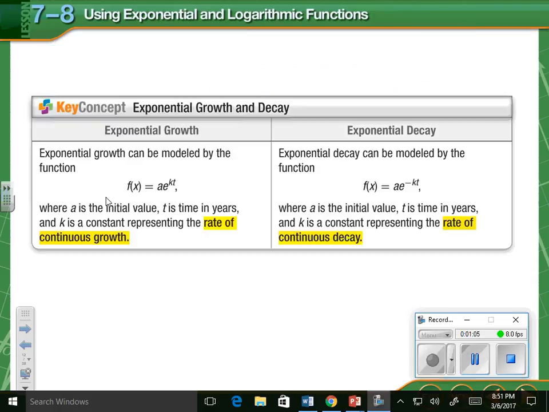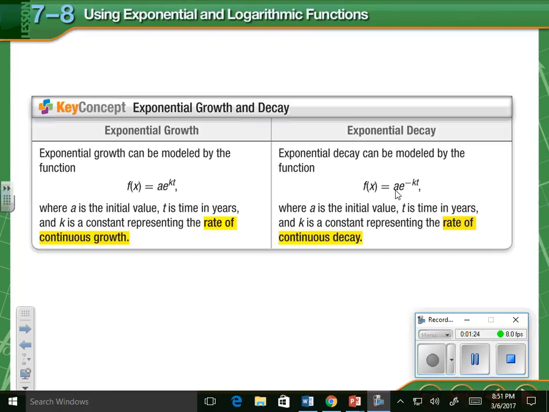based on this formula, A is going to be how much you start with, T is how long in years, K is going to be the constant, which is going to represent the growth, or in this case, the decay.